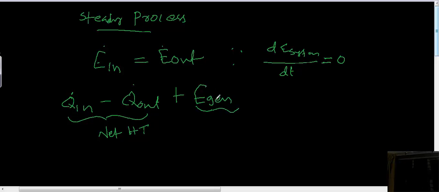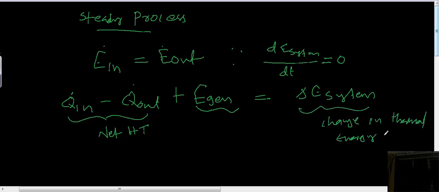We will study this in detail. Heat generation means heat generation because of some chemical reactions or some nuclear reactions. Some heat will be generated inside the system also, so that will be equal to delta E system. So that is the change in thermal energy of the system or heat energy of the system.